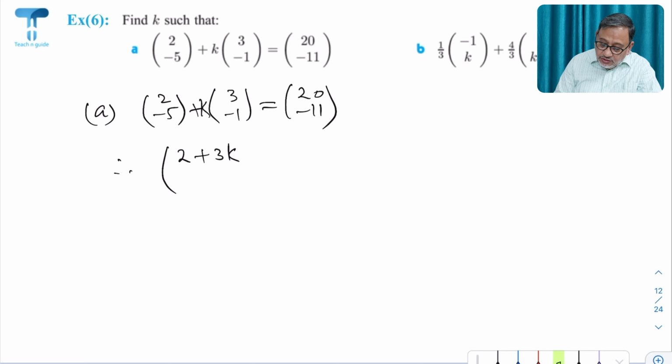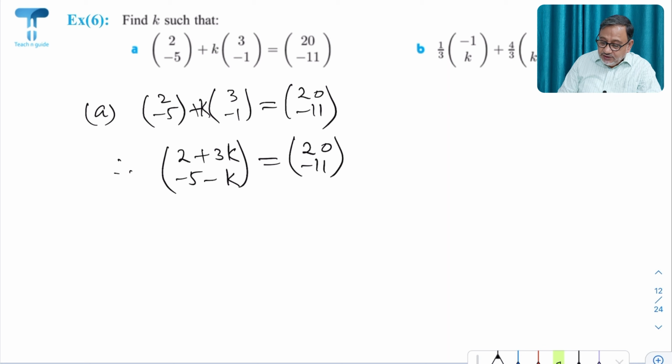Look here, 2 plus 3k is here, then minus 5 plus will give me minus k only. So you can look again, minus 5 minus k, and this is equal to 20 minus 11.